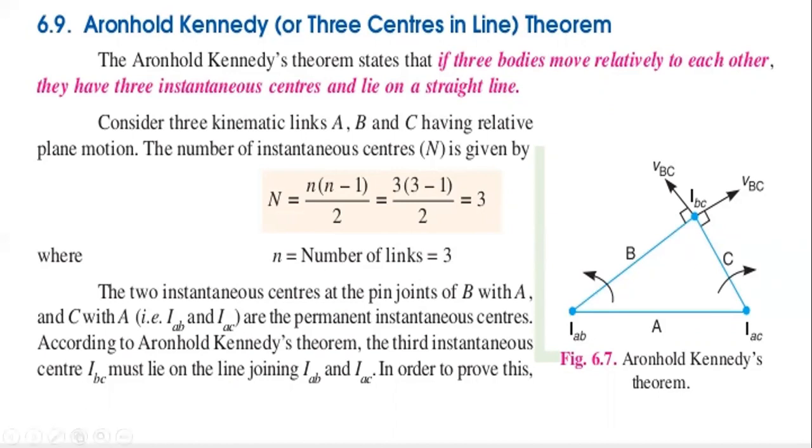So we are considering here three kinematic links, that is movable links A, B and C, which have relative plane motion with respect to each other.